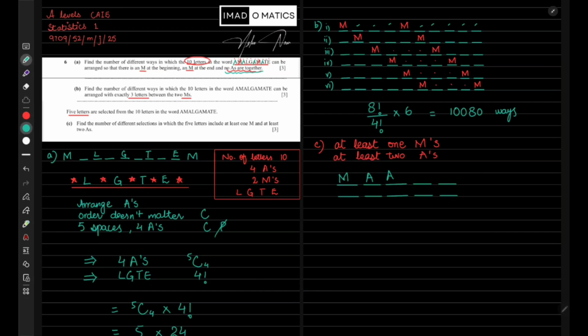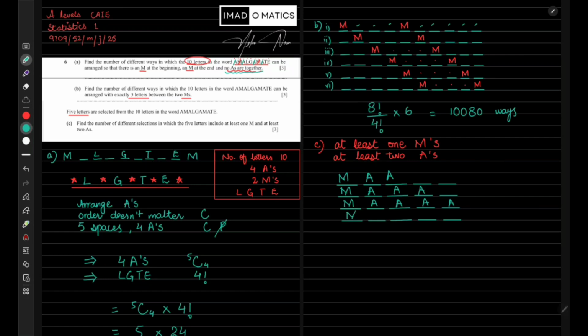Then there could be more than 2 A's, so it could be 1 M and 3 A's, and because we have more, we could have 1 M and 4 A's. Then again consider the scenario for 2 M's. There could be 2 M's also, because we have 2 M's.